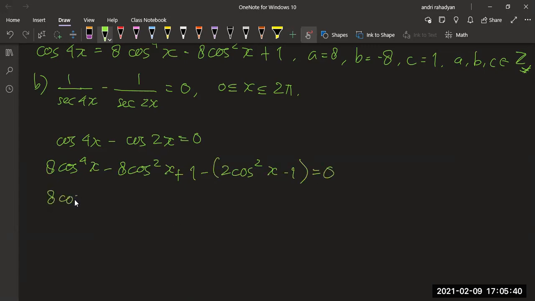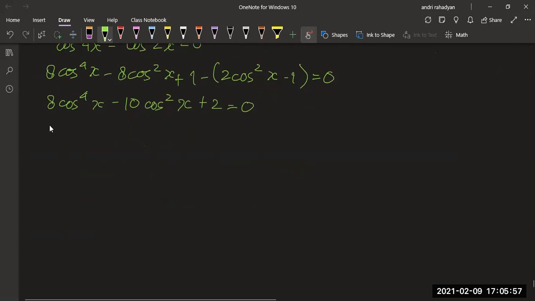So 8 cosine to the 4x minus 10 cosine squared x plus 1 plus 1, so plus 2. Simplify it. Divided by 2, 4 cosine to the 4x minus 5 cosine squared x plus 1.